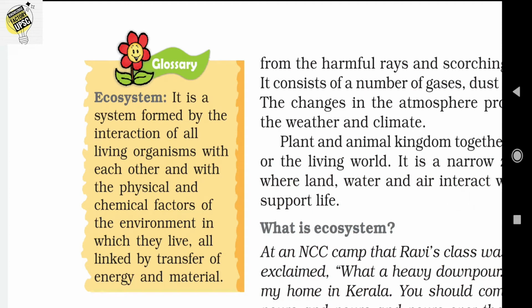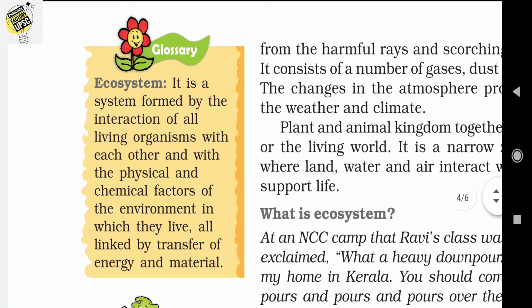What is ecosystem? Ecosystem is a system that is formed by the interaction of living organisms with each other, and with the physical and chemical factors of the environment in which they live. All are linked by the transfer of energy and material.